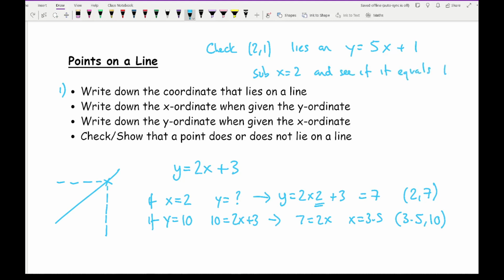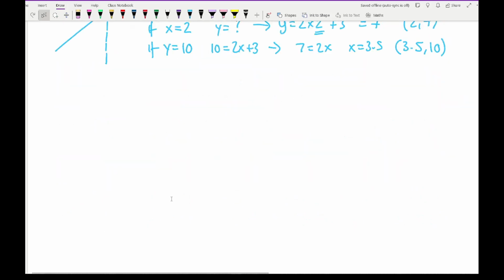The reason I'm using x equals 2 is because that is the x ordinate, and the reason I'm checking to see if it equals 1 is because that is the y ordinate. So if I substitute 2 into this formula, I get 5 times 2 plus 1, which is 11. So as this is not 1, it does not lie on the line. There we go.